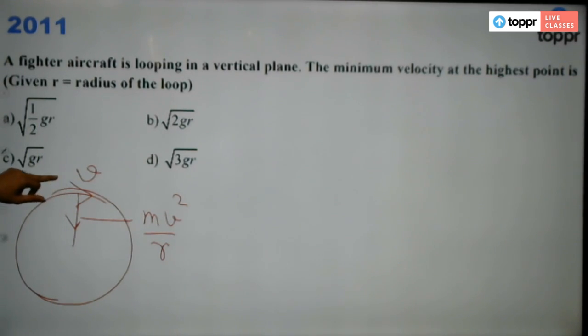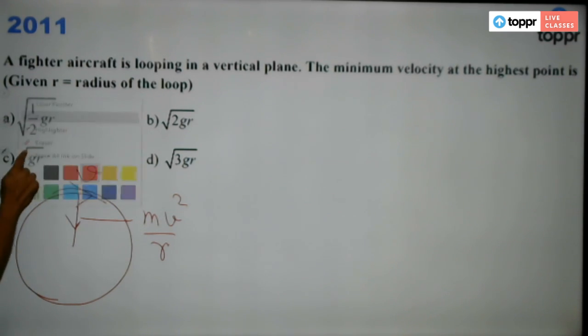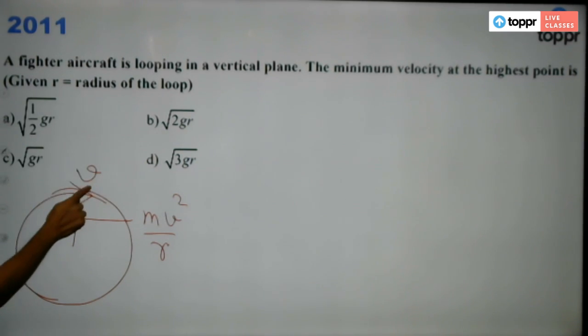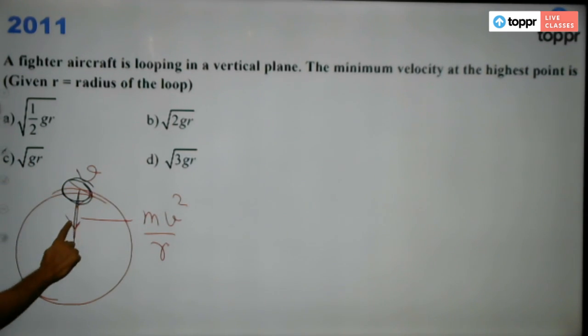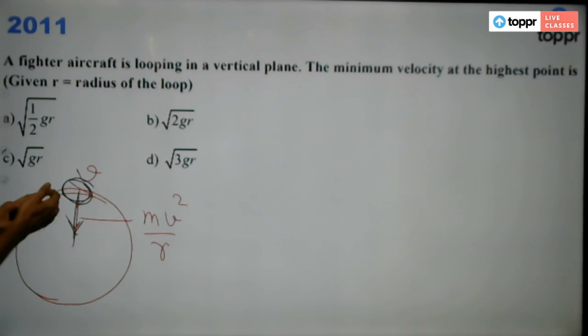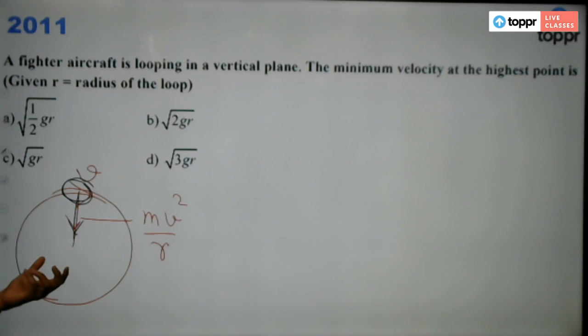Now at the topmost position, at the highest point, what is the minimum force? The aeroplane can have its own driving force, but if we don't consider the driving force, the minimum force it can have in the downward direction is nothing but mg, isn't it?